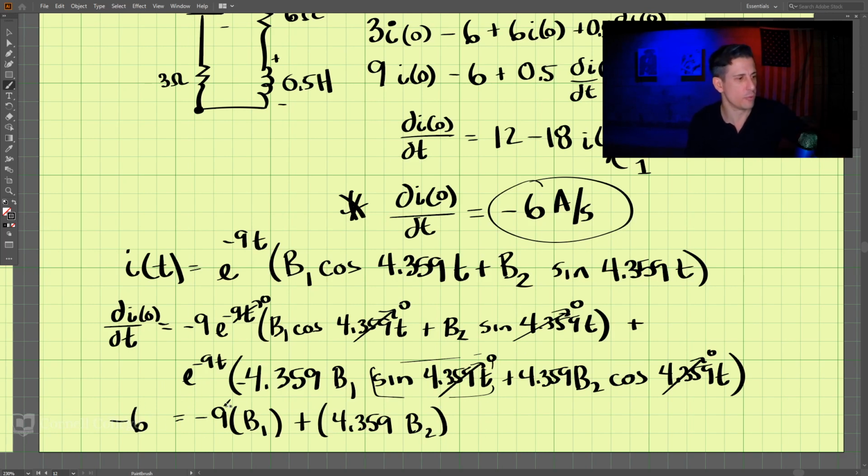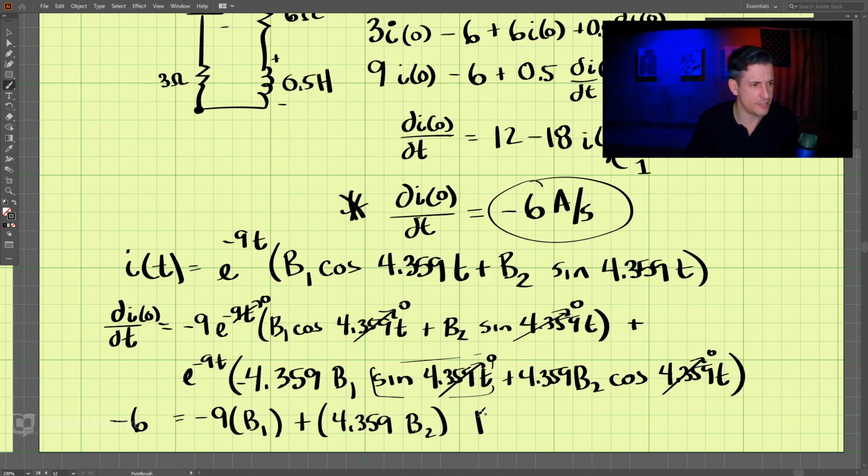And solving this, we know B1 already. B1 is 1. So that is negative 6 plus 9 divided by 4.359. Okay.